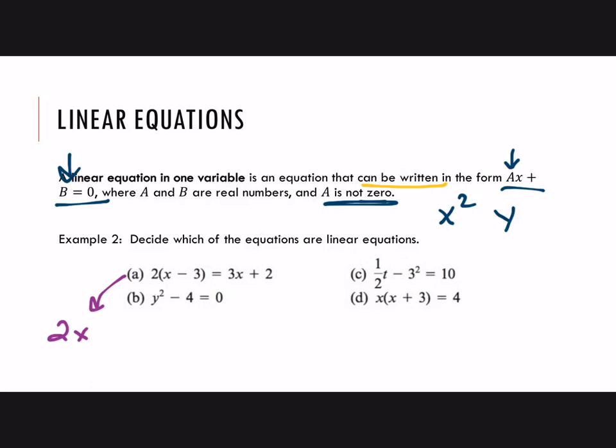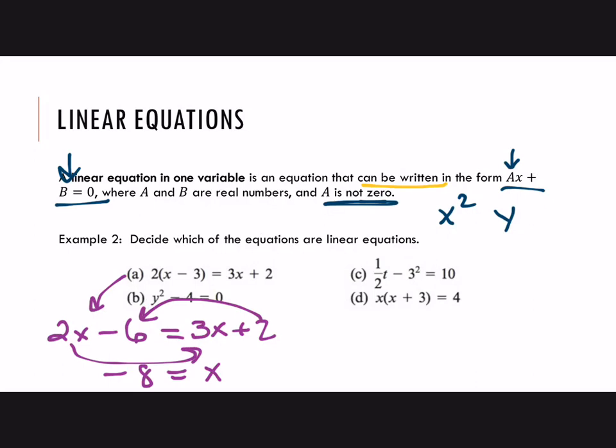If you distribute the 2, then we could move this 2x over by subtracting. We'll go through this in more detail if you forget these steps and how to do this, but this may be a review for many of you. And then subtract 2. And then there's my form. So if I try to write this as ax plus b, this is really a 1x plus a 0.